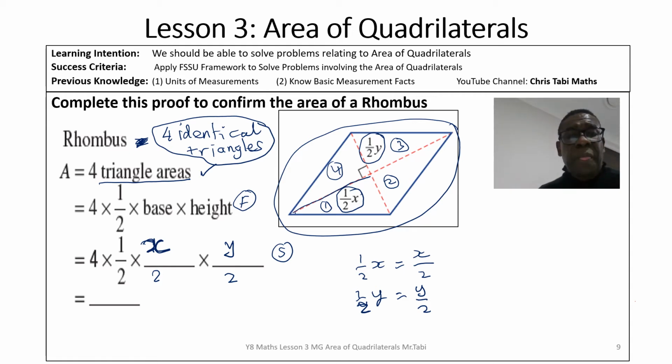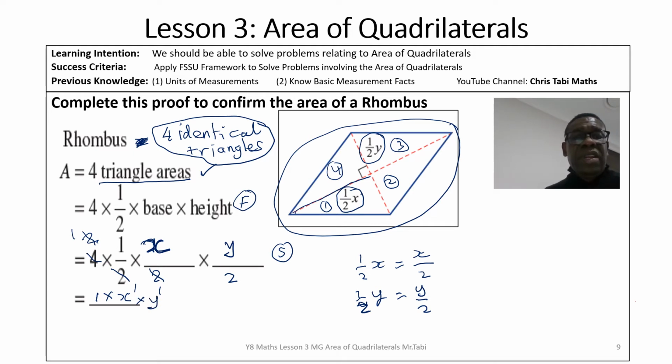Now, from what we have here, we can tidy them up. Of course, this 2 will go into 4 and give you 2, and this 2 would go into that and give you 1. So your numerators, we've got 1 times x times y.